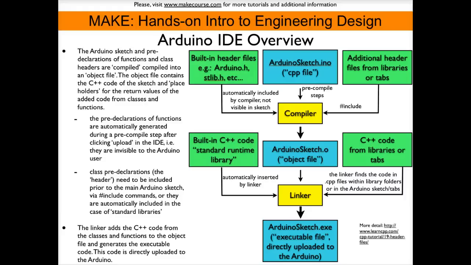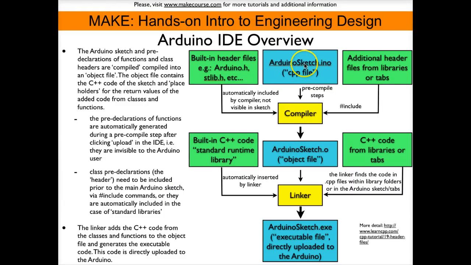And on this slide here, there is a summary of what the Arduino integrated development environment does when you click on the upload button. At that moment, the Arduino IDE starts compiling your sketch. And so what does that mean?